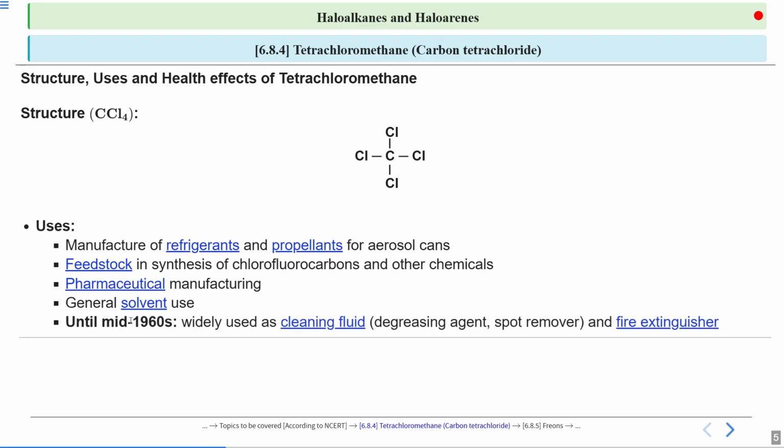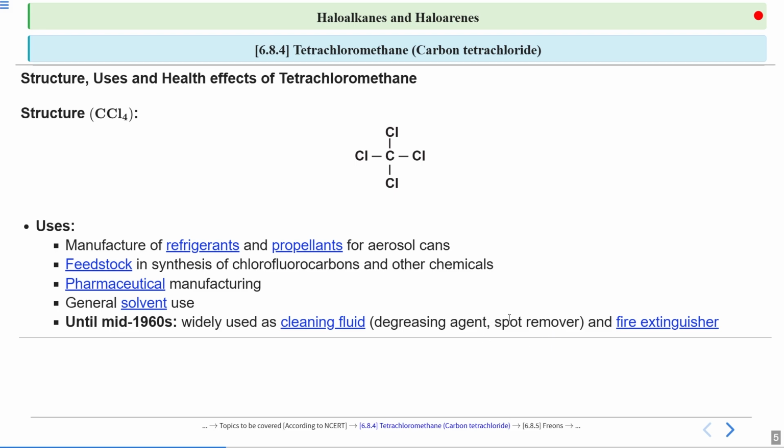Until the mid 1960s, it was widely used as a cleaning fluid, degreasing agent, spot remover, and fire extinguisher. We used tetrachloromethane for cleaning purposes, as a degreasing agent or a spot remover.